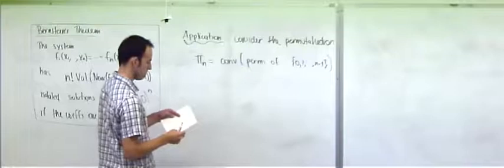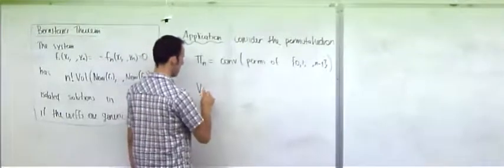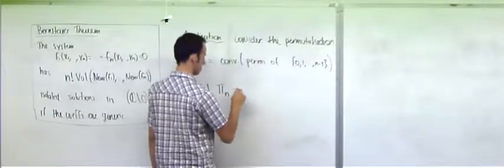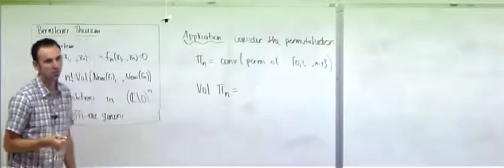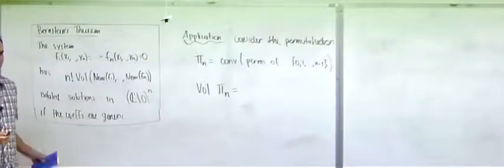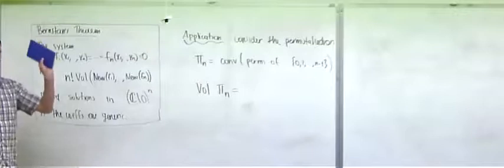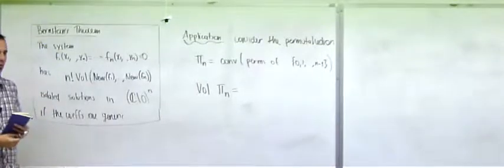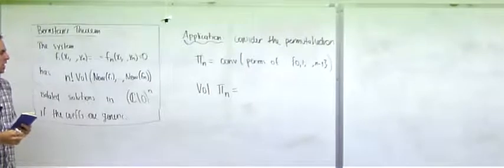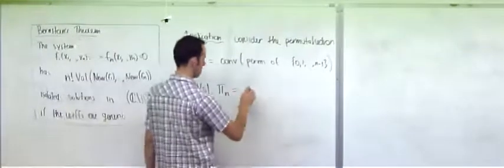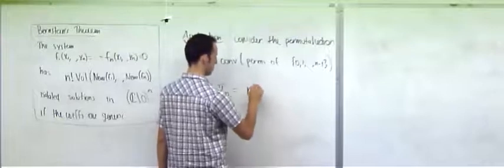So let me tell you a beautiful, I think this is just beautiful, volume of the permutahedron. So think about it. The permutahedron is this very round thing with lots of vertices. It's actually not very easy to think about how to triangulate it, how to compute the volume. It turns out that the volume is n to the n minus 2.